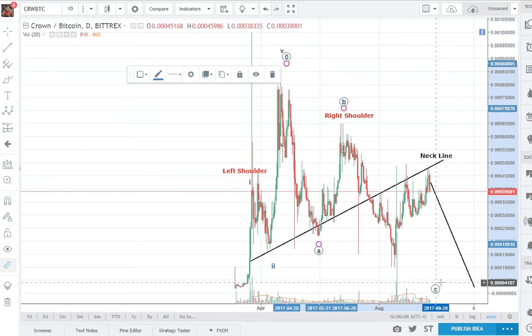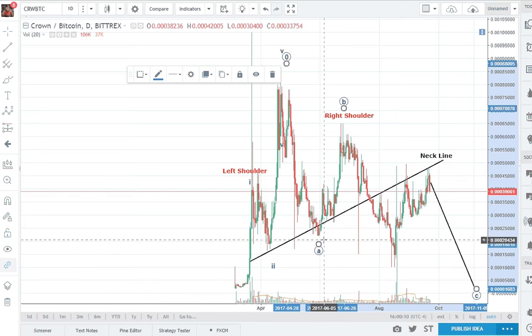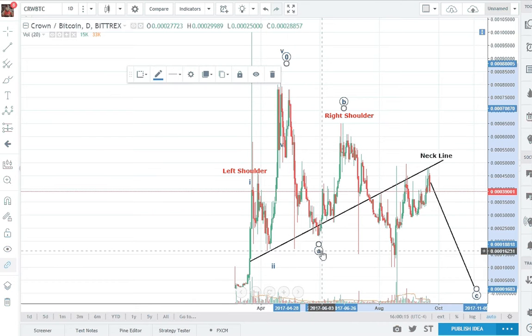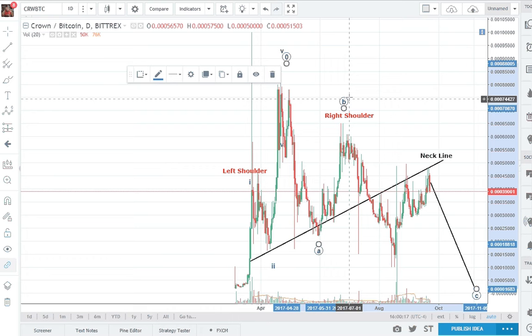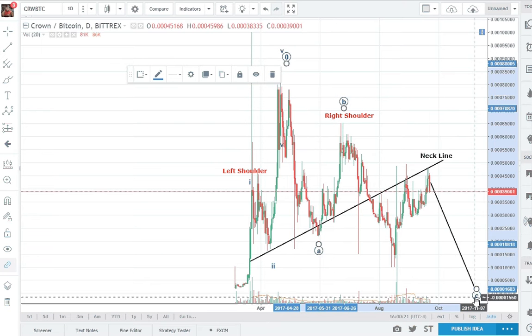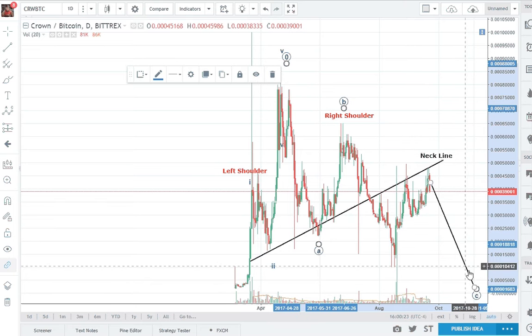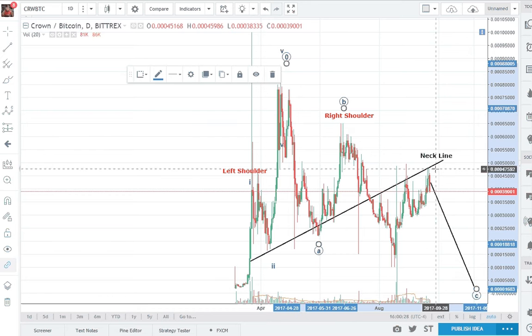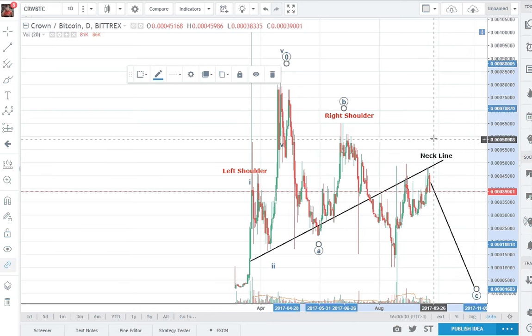So I believe C will go here. This will be A, 1, 2, 3, 4, 5, B, or ABC, right? This is the primary play for me on the CRW BTC until and unless this resistance is decisively broken.